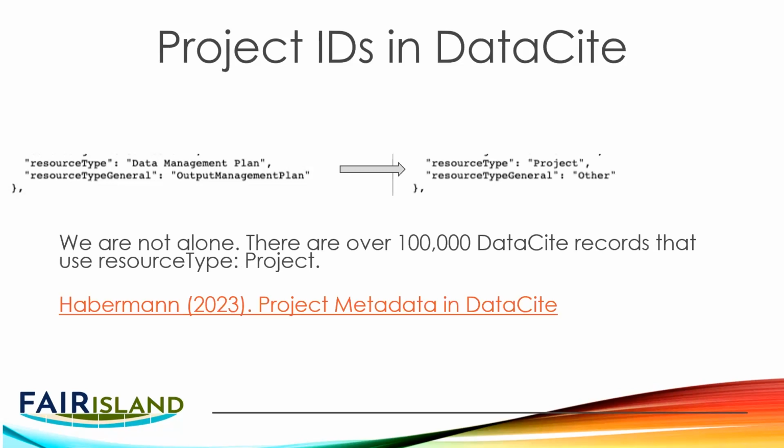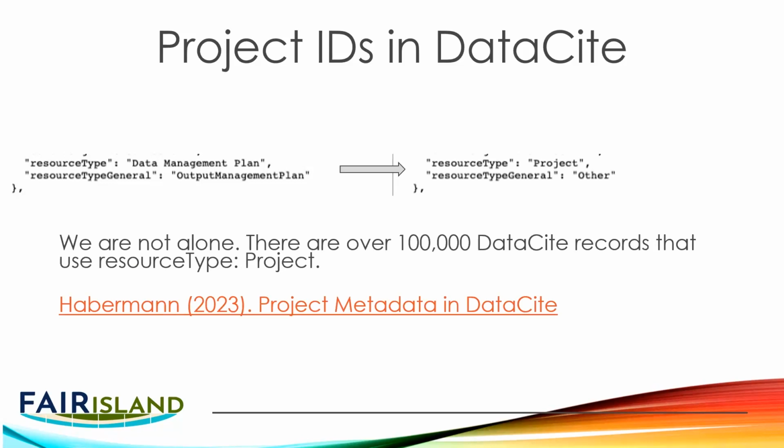And we were able to just change the resource type from data management plan to project, and the resource type general to other, and migrate. So a lot of what we were already doing was building on this existing global research infrastructure, and the metadata schema did not change, and we just changed types.